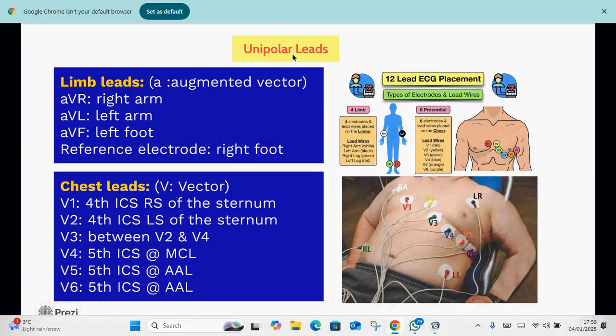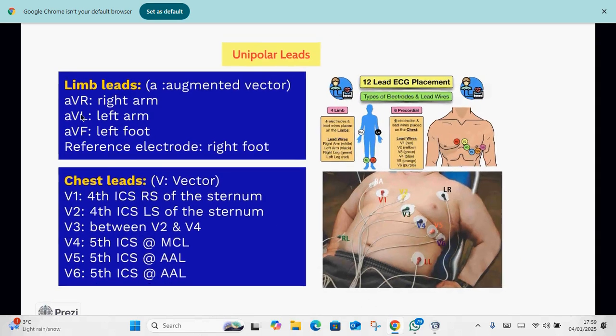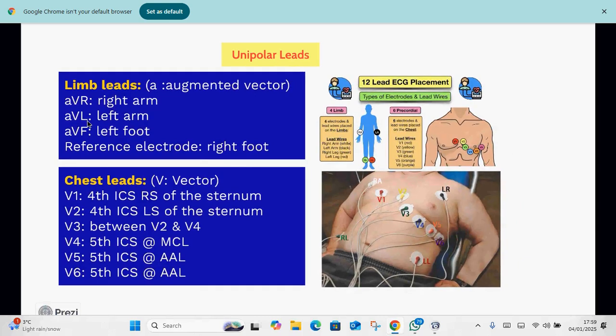Does that make sense? Because it's unipolar, between one active electrode and one inactive electrode. While the AVL lead is between the LA electrode as an active electrode and the RL electrode as an inactive electrode. Do you understand the difference between electrode and lead?